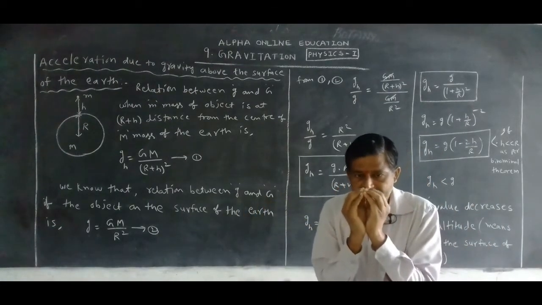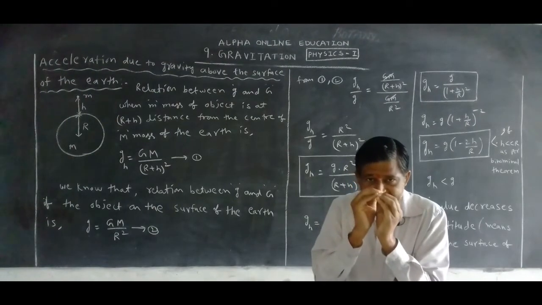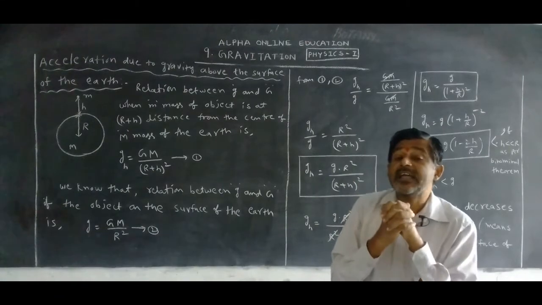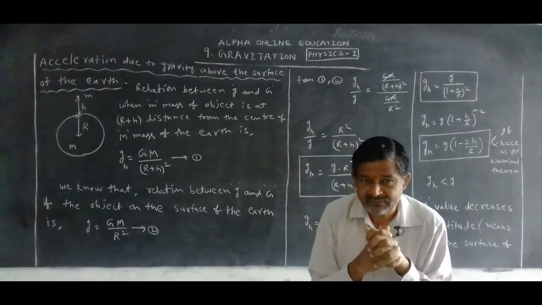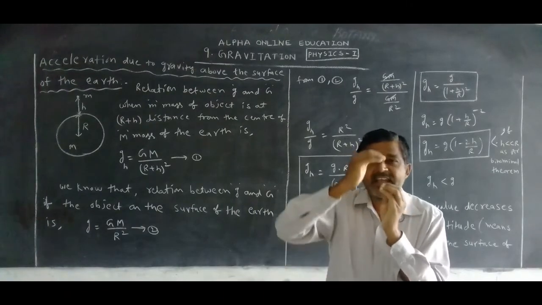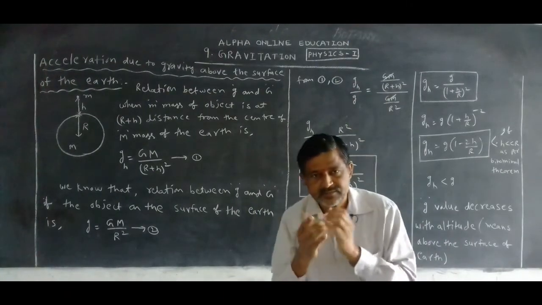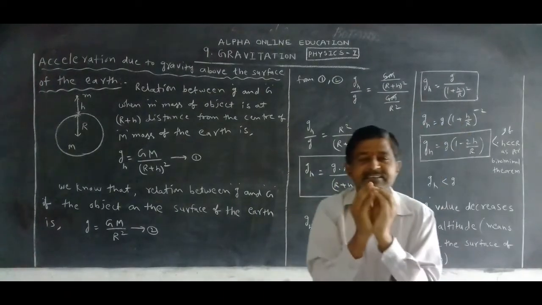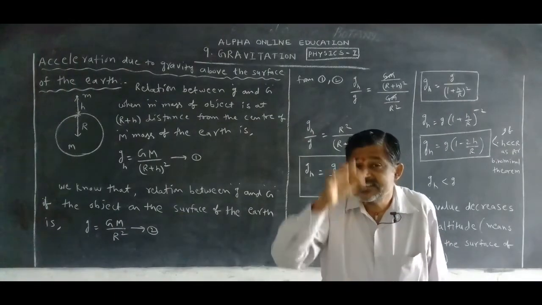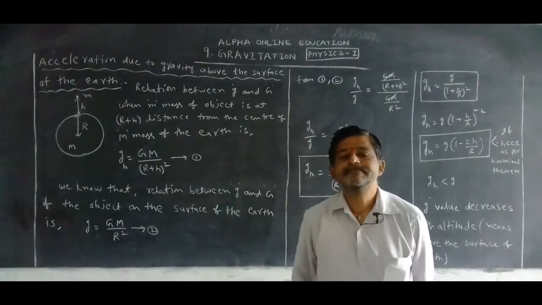When the object is above the surface of earth, the acceleration due to gravity is less. When height increases, acceleration due to gravity decreases.